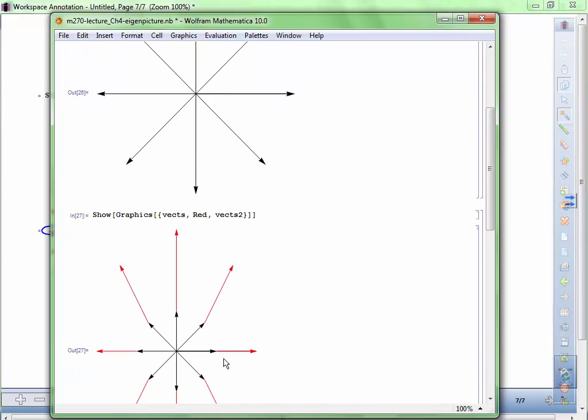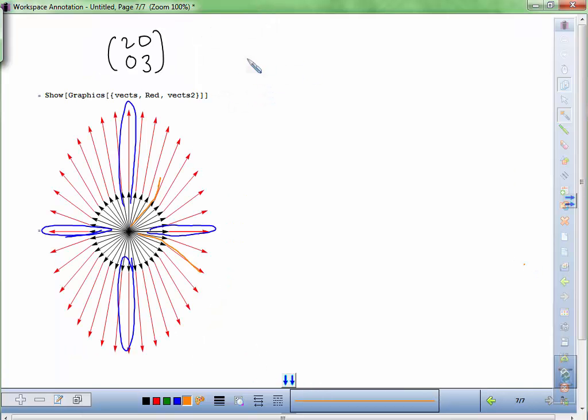And I can clearly see that those 2 vectors, so it looks like my eigenvectors could be (1, 0) and (0, 1). That would correspond to an eigenvalue, and I could probably find my eigenvalue easily from multiplying things.